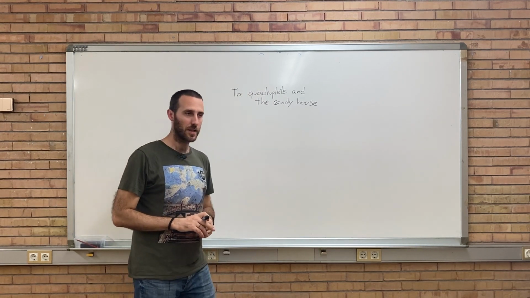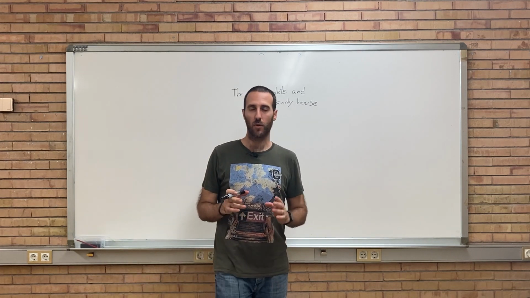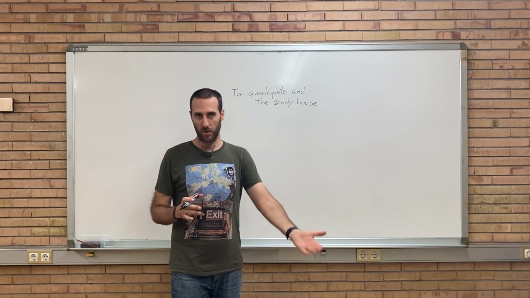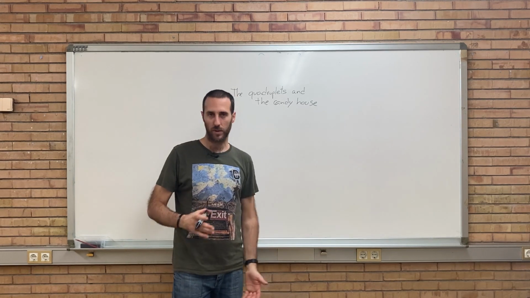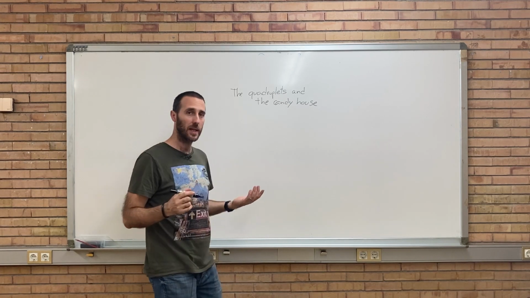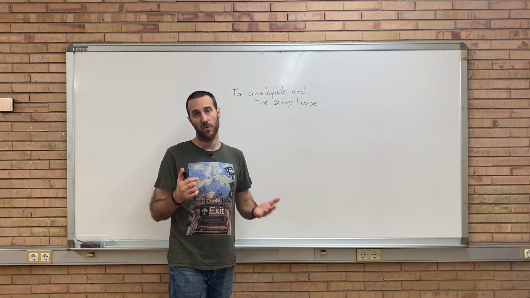Quadruplets is when there are four children in a family. So 4 daughters or 4 sons, or 2 sons and 2 daughters, 3 sons, 1 daughter. It doesn't matter the combination. When a family has 4 children.